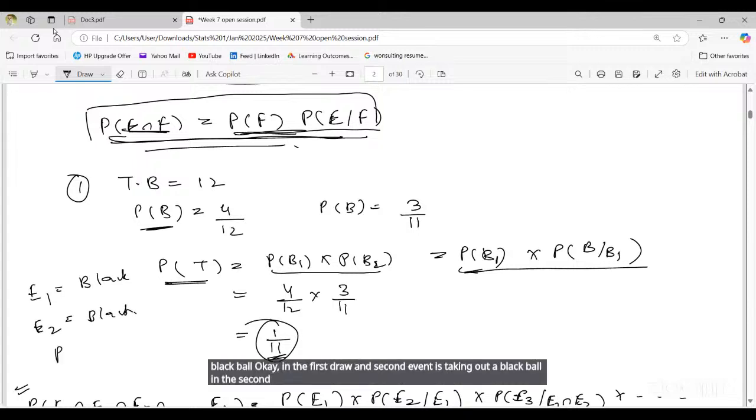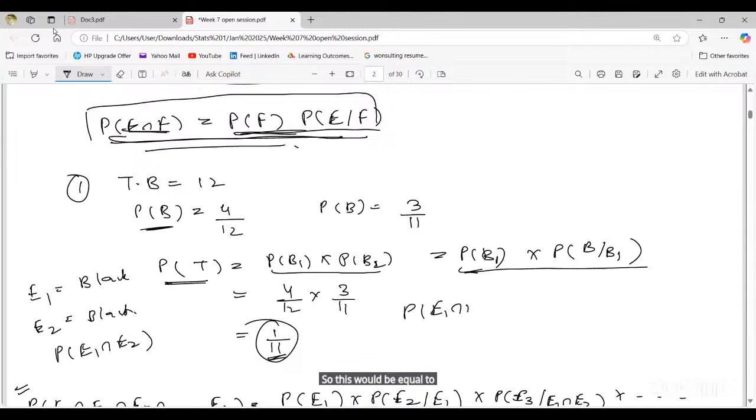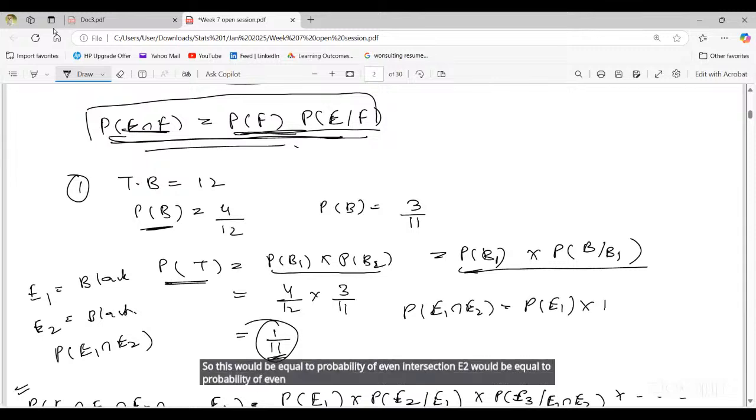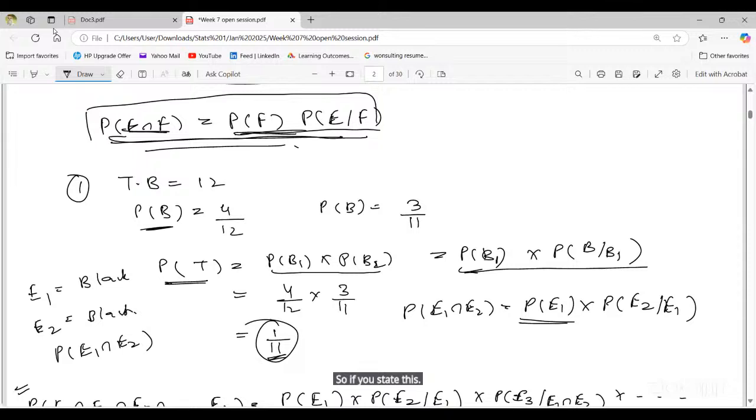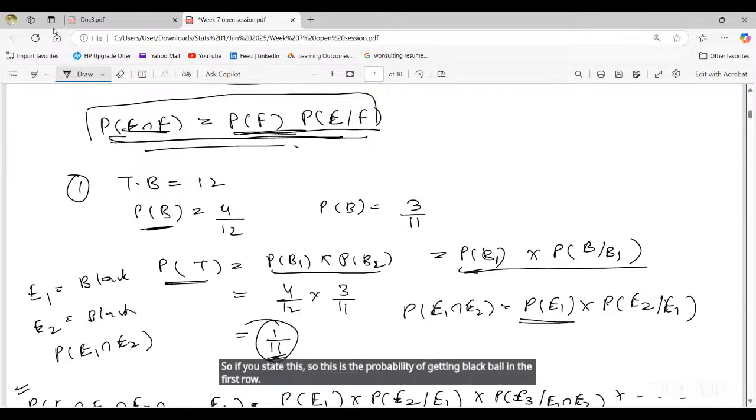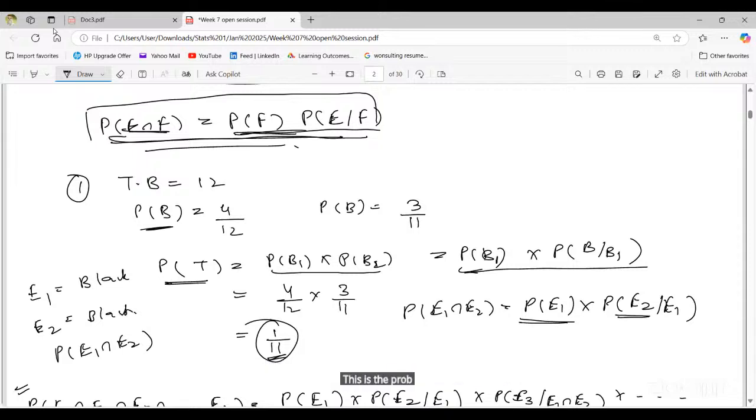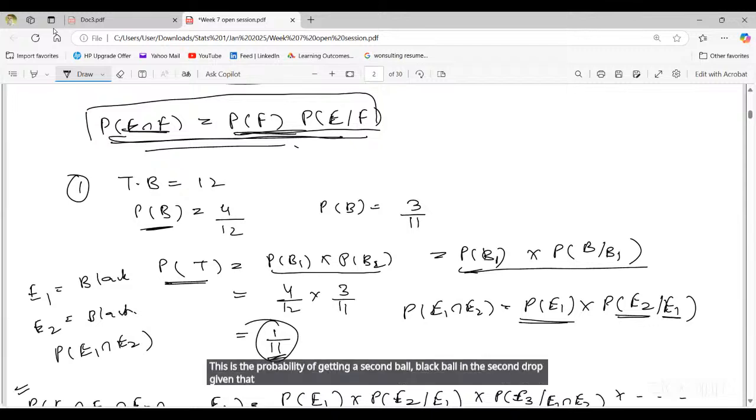So if I have to find the probability of E1 intersection E2, this would be equal to probability of E1 into probability of E2 given E1. This is the probability of getting a black ball in the first draw, and this is the probability of getting a black ball in the second draw, given that one black ball is already drawn in the first draw.